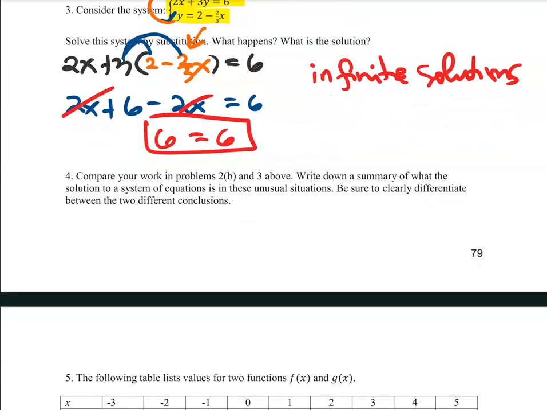Okay, so number 4, compare your work in problems 2b and number 3 above. Write down a summary of what the solutions to a system of equations are in these unusual situations. Be sure to clearly differentiate between the two different conclusions. So what can we say from 2b?